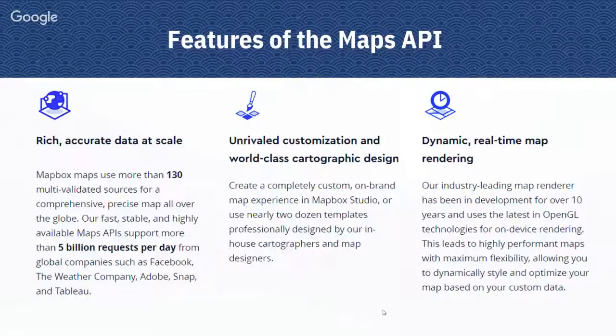This is kind of cool because on Google Maps and Apple Maps, you kind of have to specify the exact size of the map, so you don't have this dynamic real-time map rendering. So that's a bonus point for Mapbox.